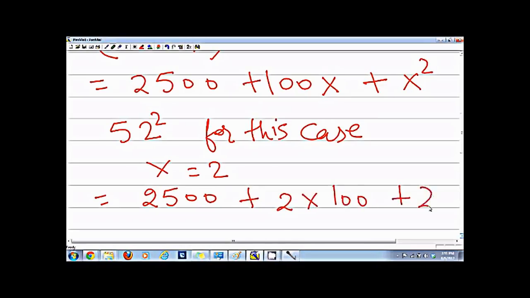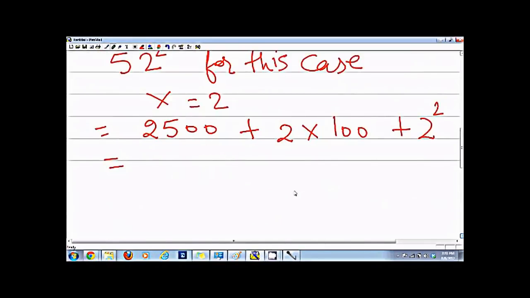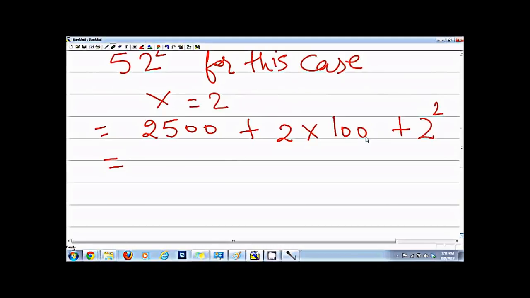You can see because 2 is at the hundredth place, this 2 will be added to 5, and then this 2 square is at one's place, so it will come up on the last digit. So we will have 2704.